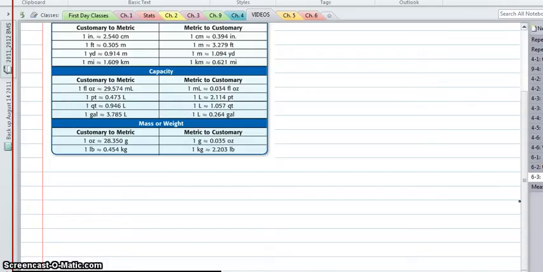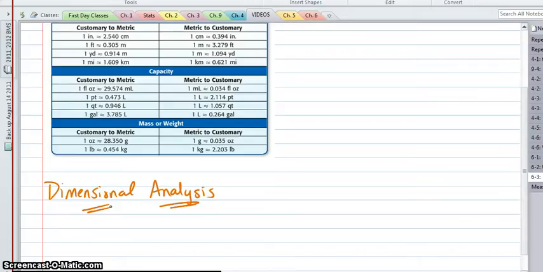So we're going to use a process called dimensional analysis, which I've mentioned before, to do this rate conversion. Dimensional analysis is the process of including units of measurement as factors when you compute.